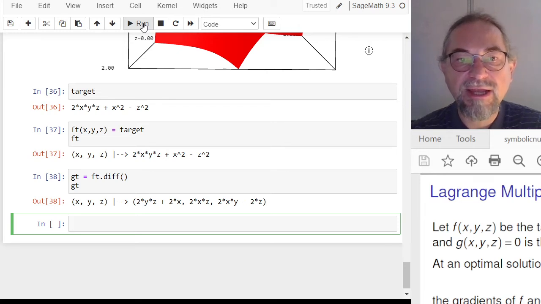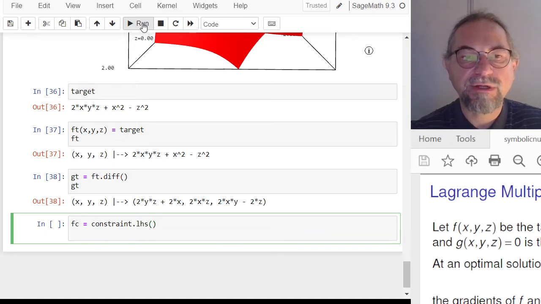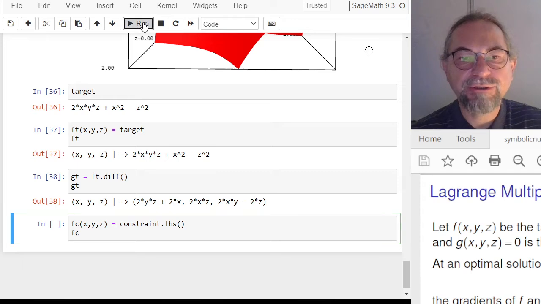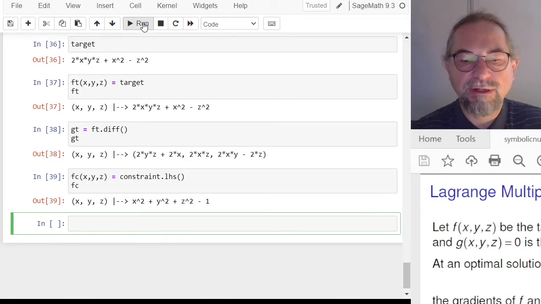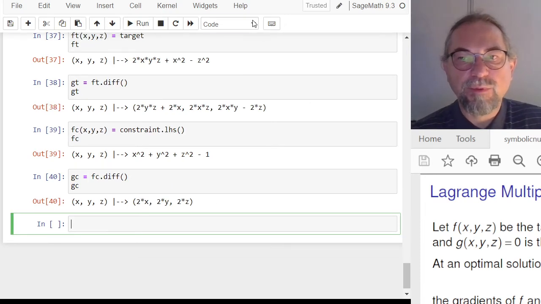So I'm going to do the same with the constraint. So I have the function for the constraint. I'm taking the left hand side of the constraint, because the constraint was defined by an equation. And also here I have the gradient of the constraint defined by taking the function and applying the diff method to this. So let me describe what I've just done.